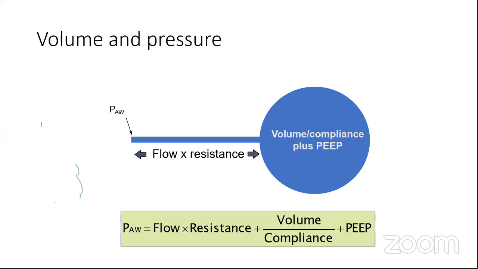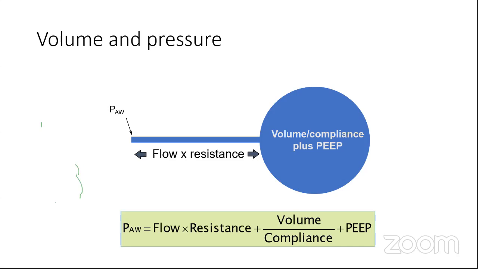We want to introduce volume into the alveoli where gas exchange can take place. But the price we have to pay for this is the pressure. We cannot introduce volume into the lungs without applying the pressure. So pressure is a product of the volume we introduce.